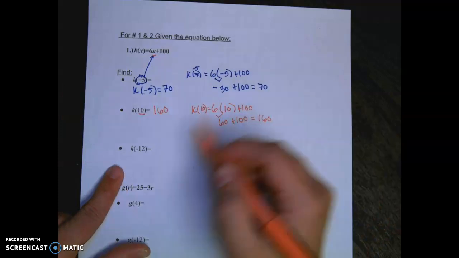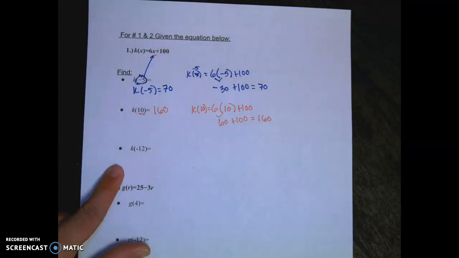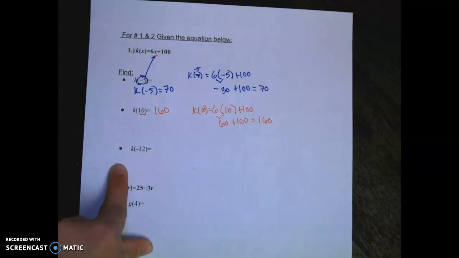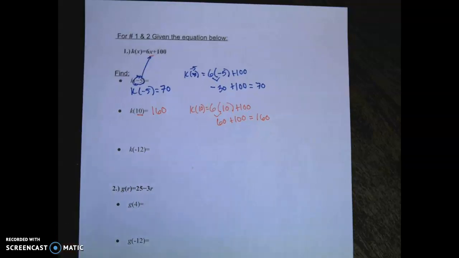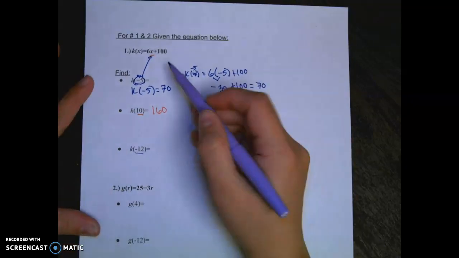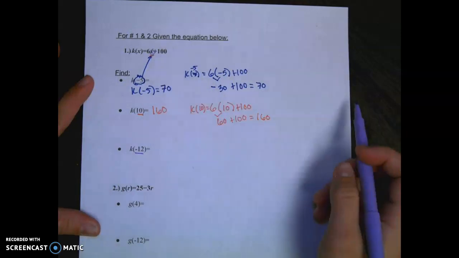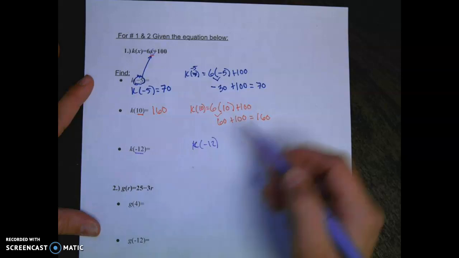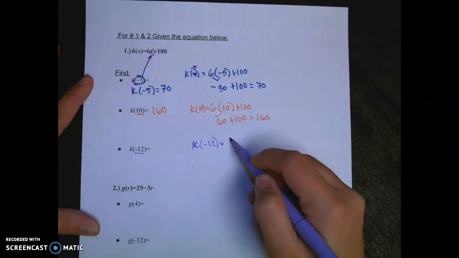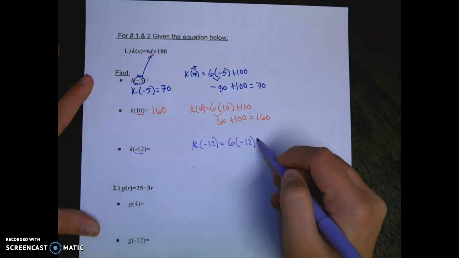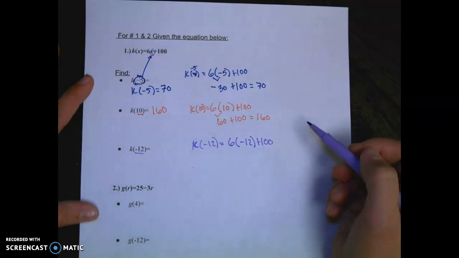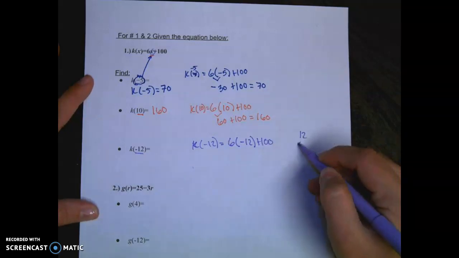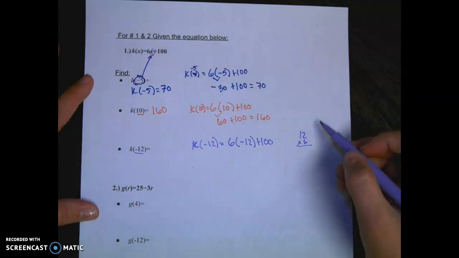Let's do this last one here. And we're going to have a -12. So what we're going to do is plug it on in. So I have k of -12 equals 6 times -12 plus 100. Now, if you don't know what 12 times 6 is, remember you can always do it off to the side. There's no embarrassment.